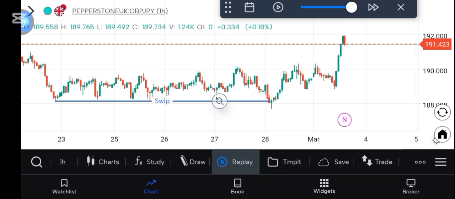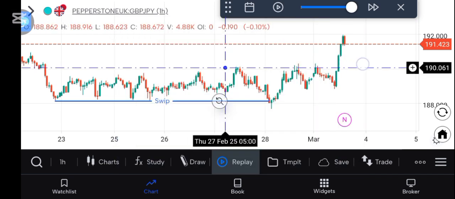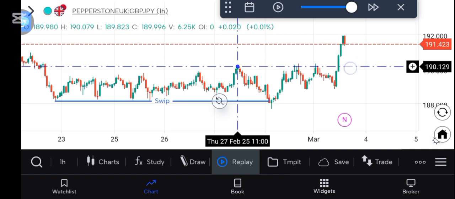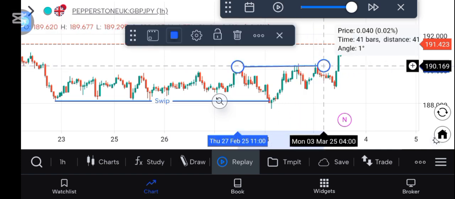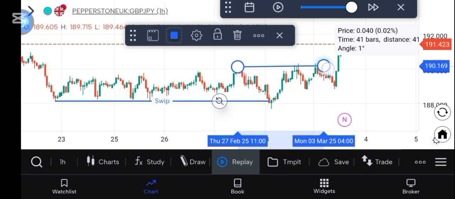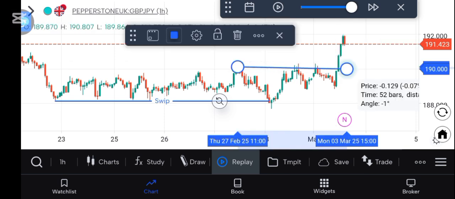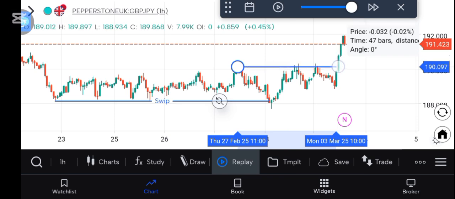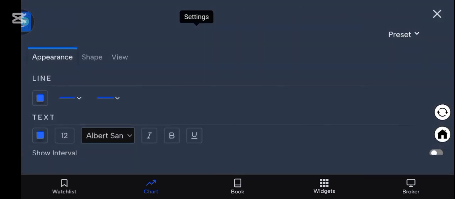So first you need a sweep. Once you get a sweep, the next thing you are waiting for is the structural liquidity. And yes, we get the structural liquidity here. Please don't mind my drawing.